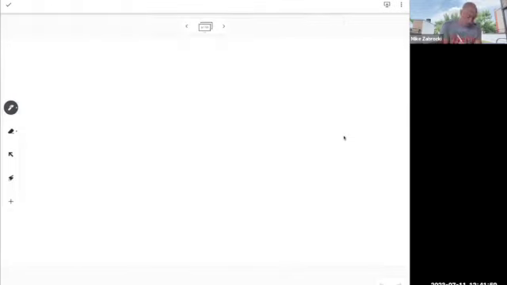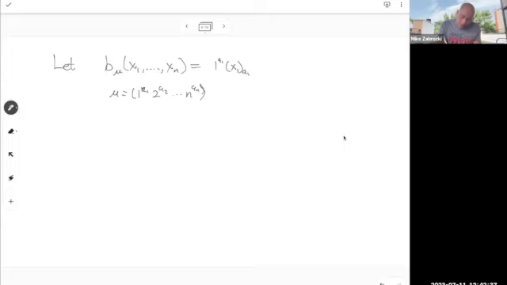So I'm going to let b_mu(x1, ..., xn) be a form of z_mu, a polynomial: if mu is equal to 1^a1, 2^a2, ..., n^an, I let b_mu equal 1^a1 times the falling factorial of x1 to a1, 2^a2 times the falling factorial of x2 to a2, ..., n^an times the falling factorial of xn to an.